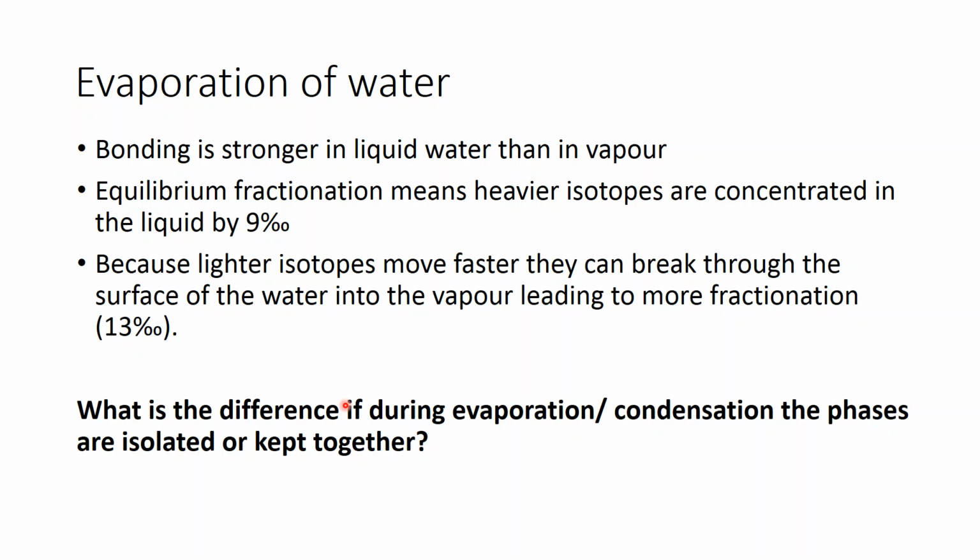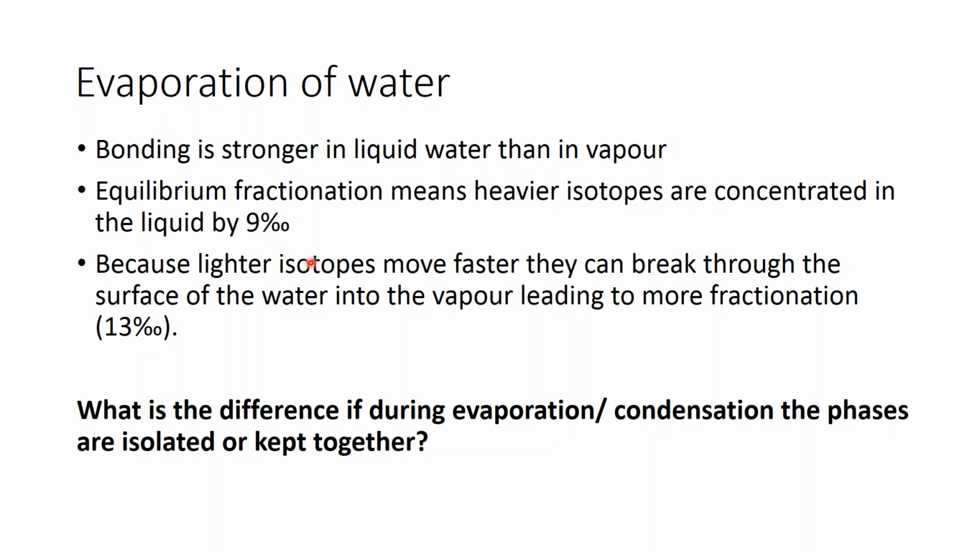We just take it as read that the fractionation between water and water vapor means that the liquid phase is enriched in the heavier isotopes by around 9 parts per thousand.